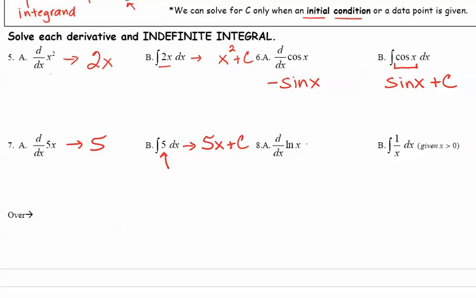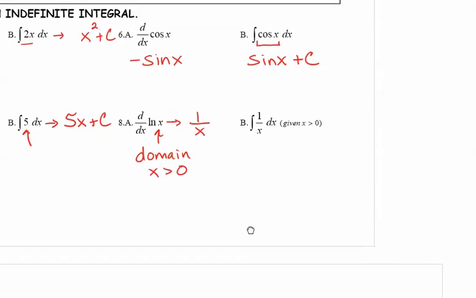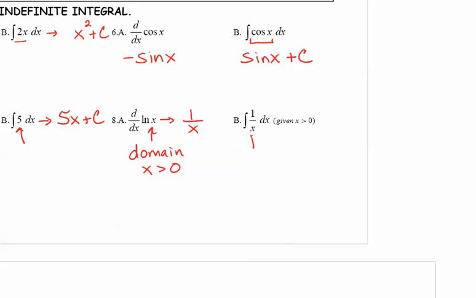The derivative of the natural log of x is 1 over x. And remember that we might need a restriction here. So think about whether your domain is x greater than 0 or not. It depends on the problem. And here, this x cannot be 0, so remember, we have to stipulate that.